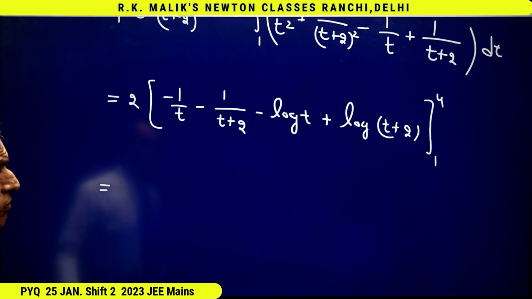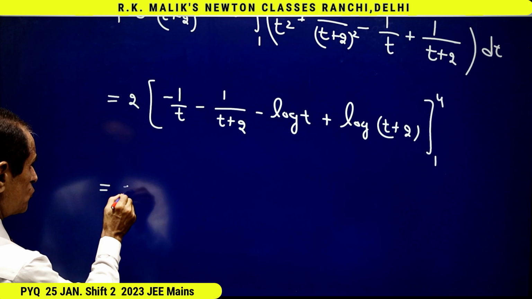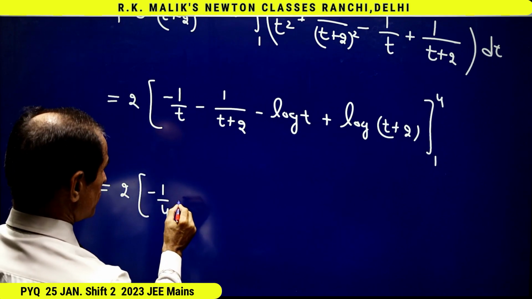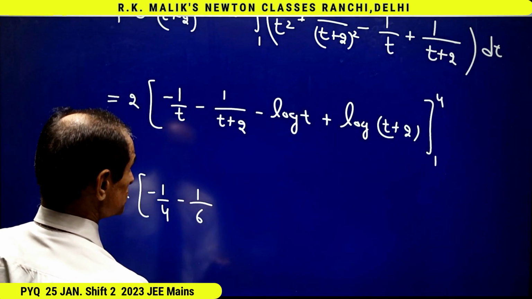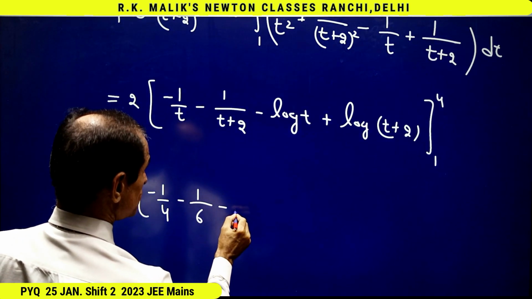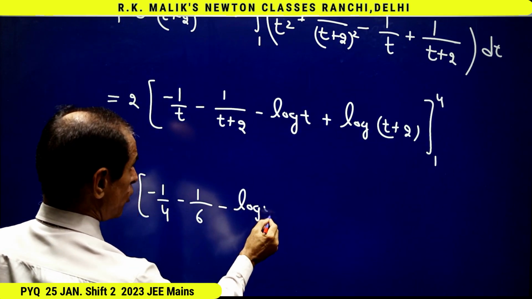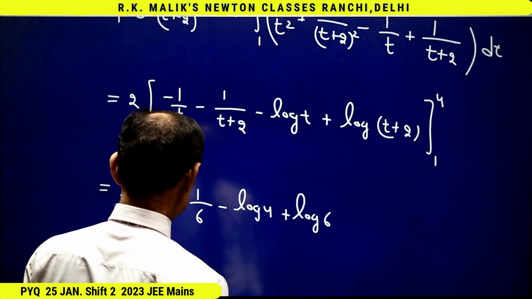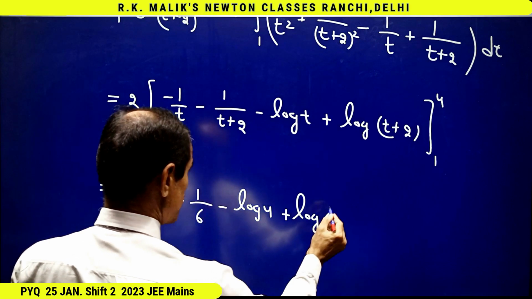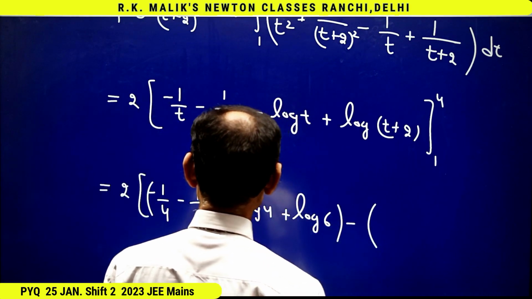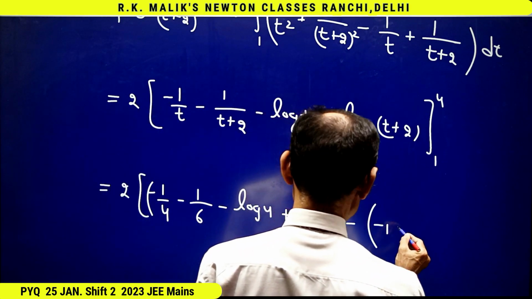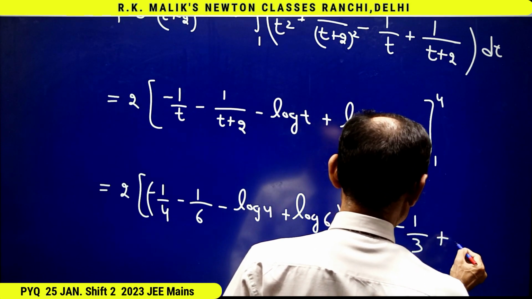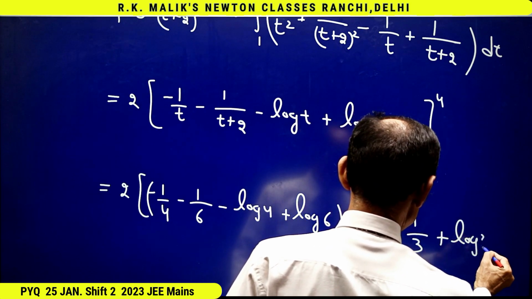This is equal to, now, 2 times [−1/4 − 1/6 − log 4 + log 6 − (−1 − 1/3 + log 3)].